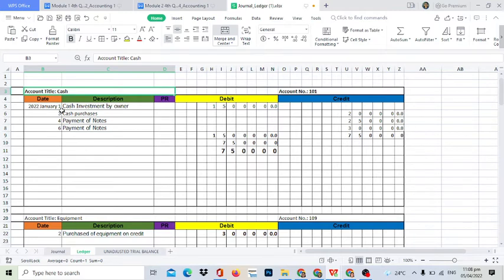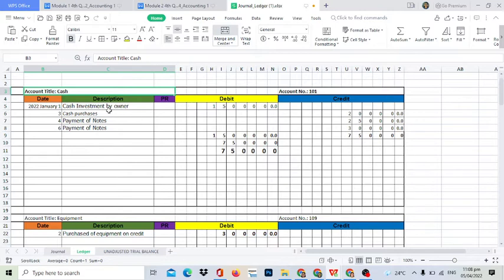Okay, January 1. Yung date po, 2022, January 1. Okay, cash investment by the owner. January 3, cash purchases. January 4, payment of notes. And January 6, payments of notes. Okay.